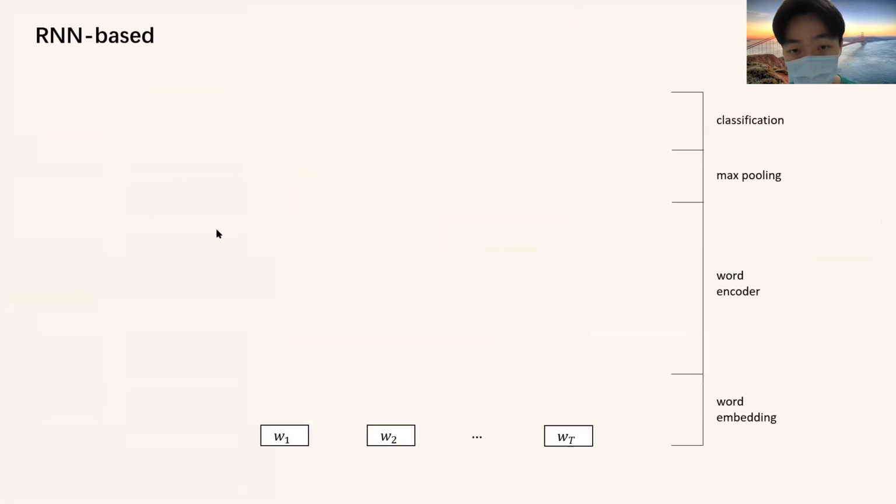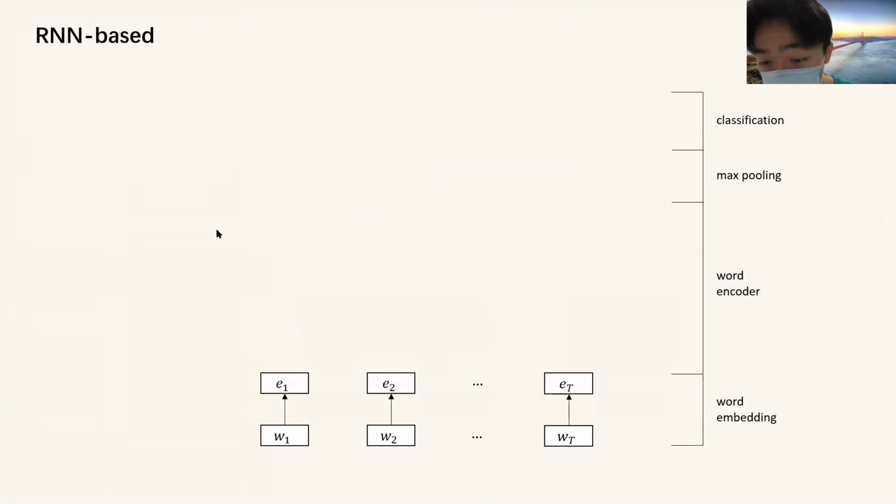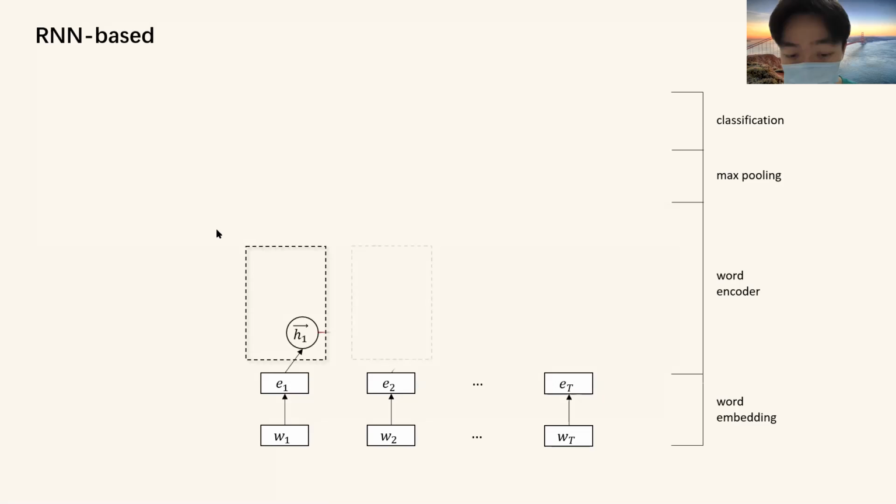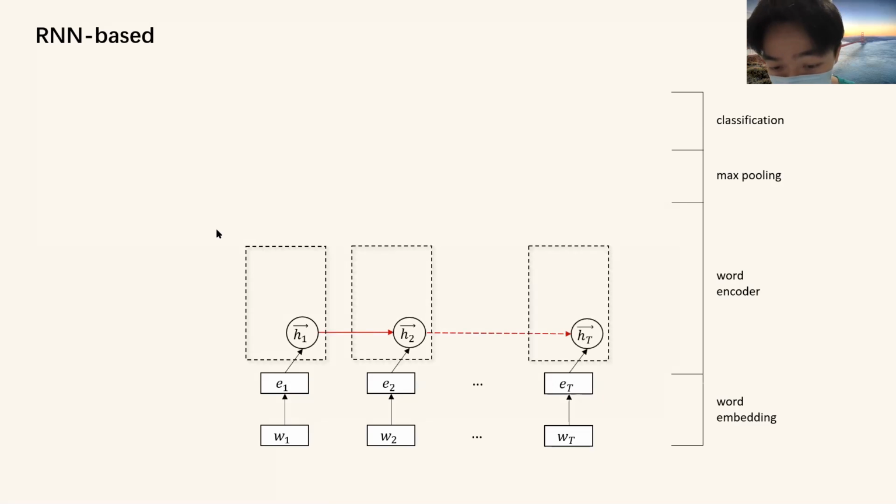Then I will introduce the RNN-based model. First, we slice each text into words, word 1, word 2 to word T, then map each word i to a word vector e_i based on the embedding matrix from pre-trained word2vec. At the next step, these word embedding vectors are fed into the RNN-based cell through time, and we get a hidden state vector h_t, and then we use a backward RNN to read the text from word T to word 1.